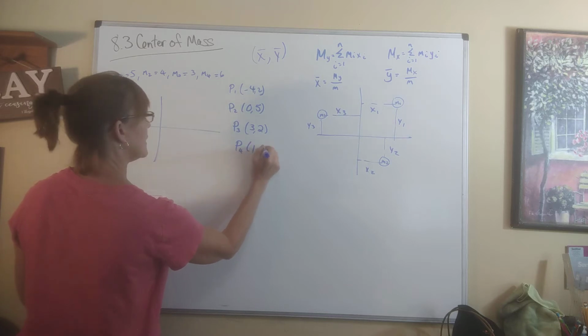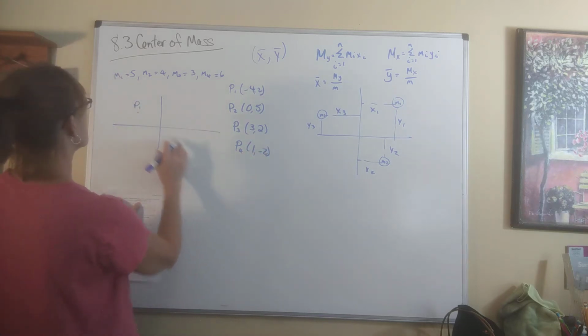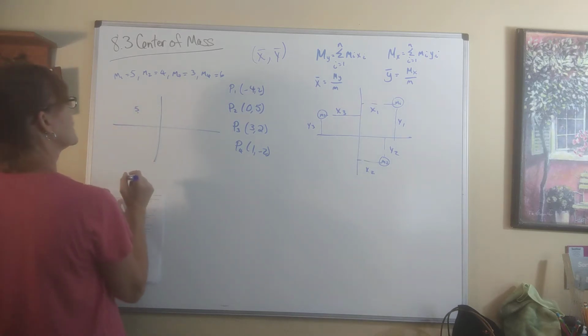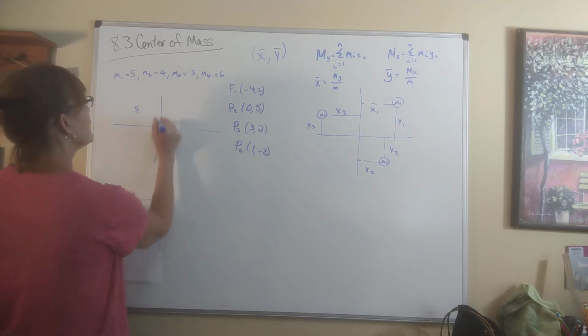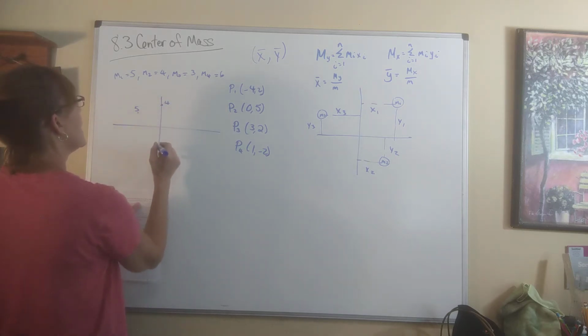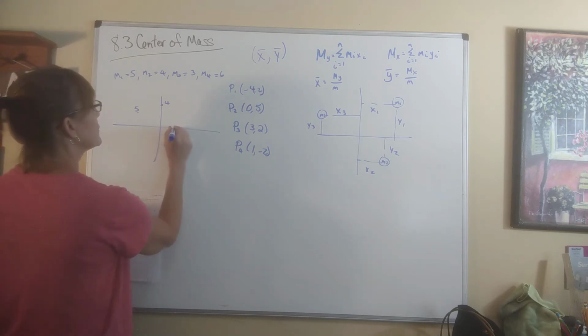P4 is 1, -2. So over here at P1, this has got a mass of 5, basically. And then at 0, 5, which is about right here, this has got a mass of 4.